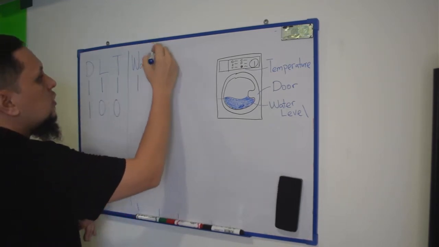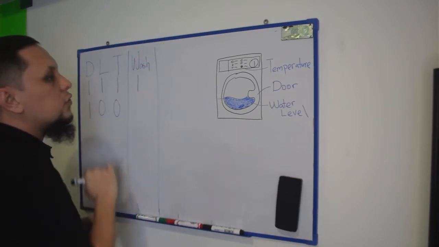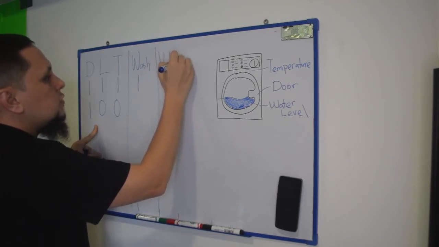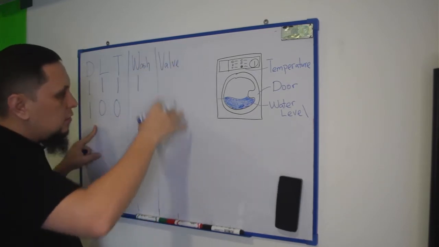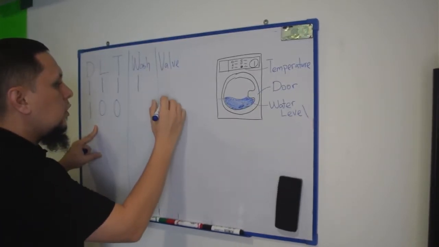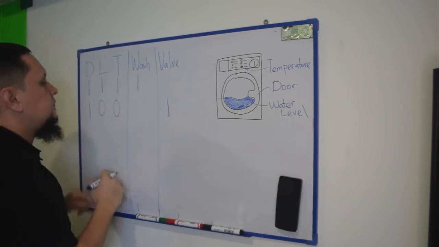So let's consider another output. This output will control the water level. So we have the valve. This valve will open and fill up the washing machine. This valve will go high when we don't have enough water here.